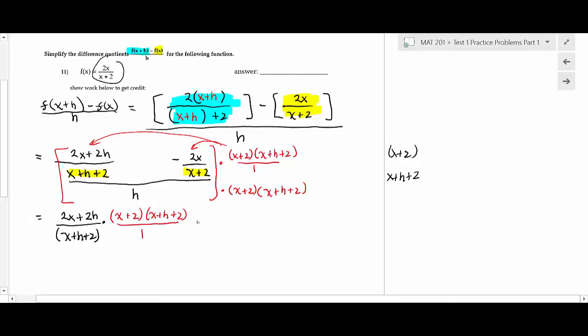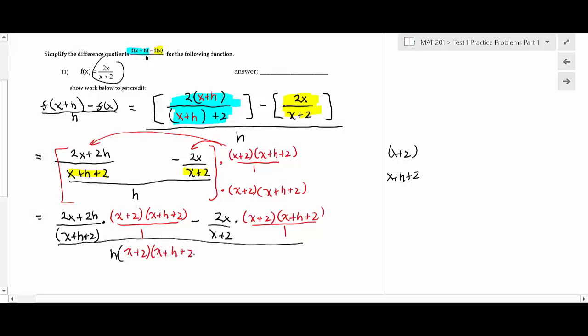Then I'm going to have minus 2x over x plus 2. Then I'm going to multiply this by x plus 2 times x plus h plus 2 over 1. And then don't forget about that denominator because it certainly hasn't disappeared. So you have h times x plus 2 times x plus h plus 2 like this.